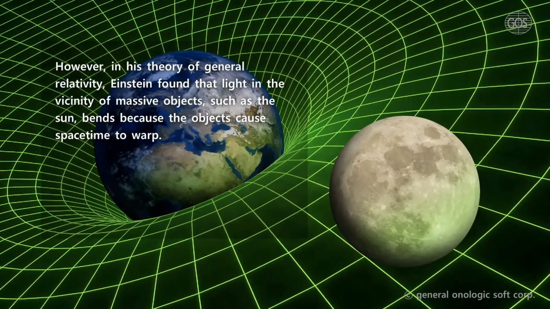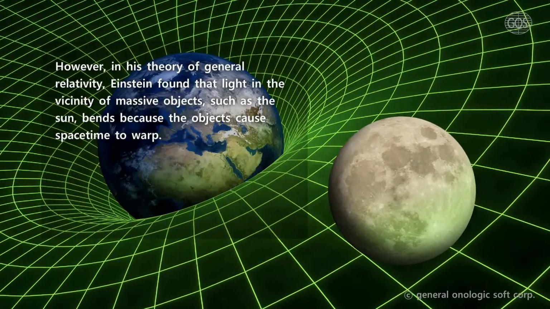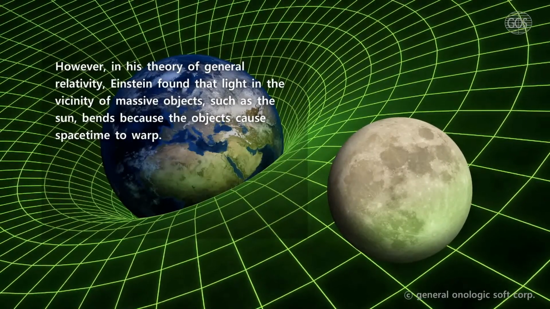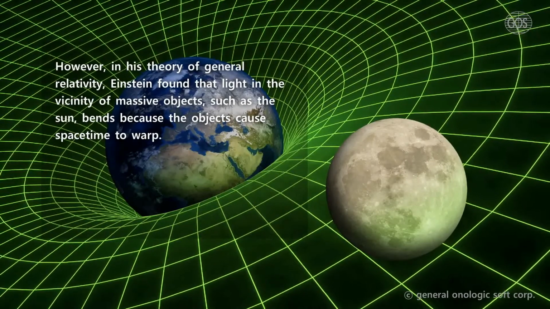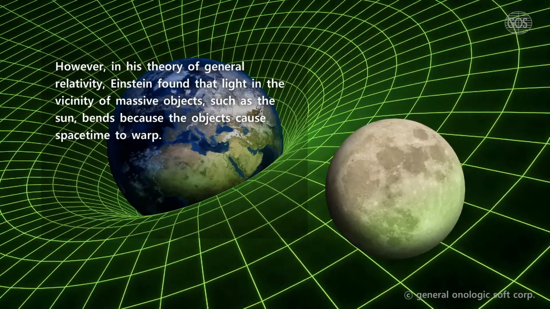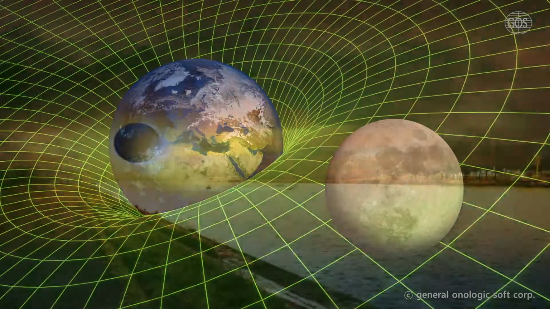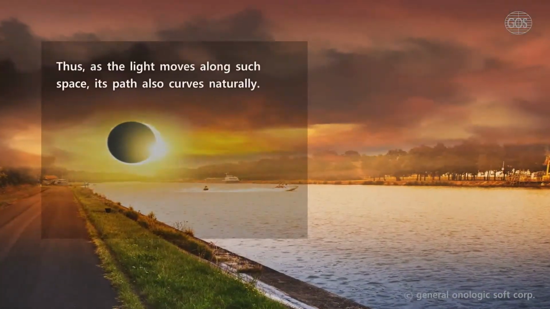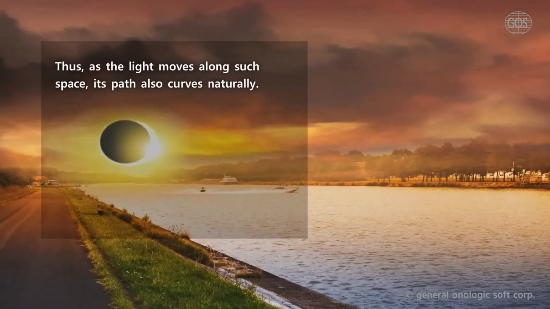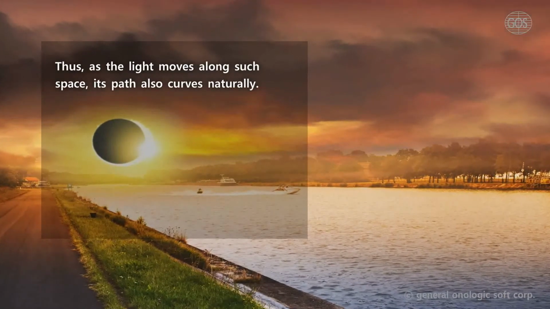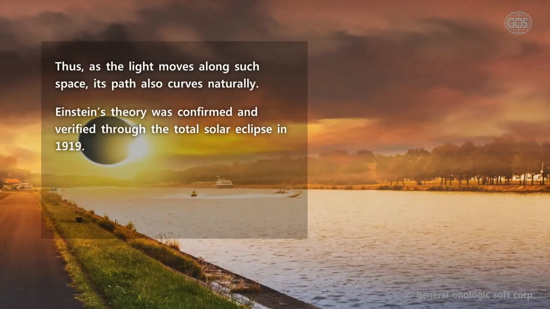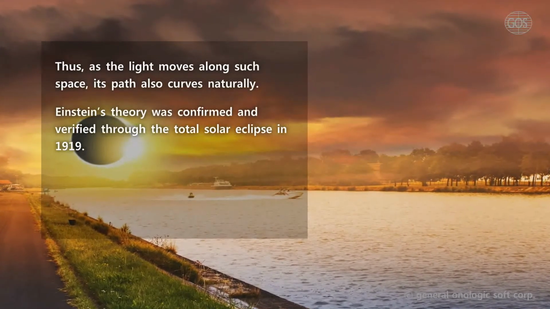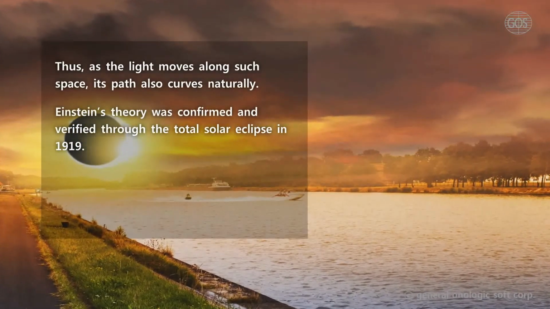However, in his theory of general relativity, Einstein found that light in the vicinity of massive objects, such as the Sun, bends because the objects cause space-time to warp. Thus, as the light moves along such space, its path also curves naturally. Einstein's theory was confirmed and verified through the total solar eclipse in 1919.